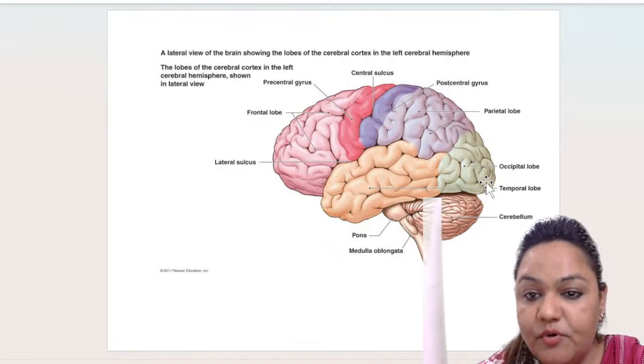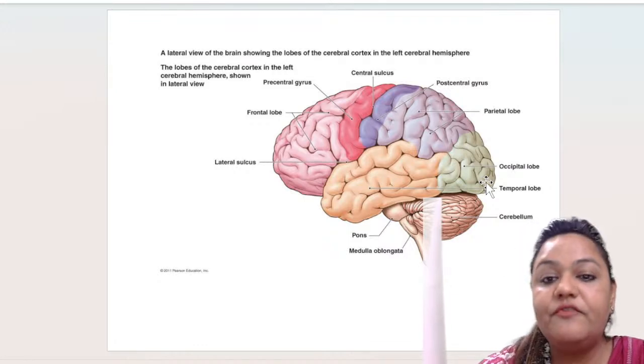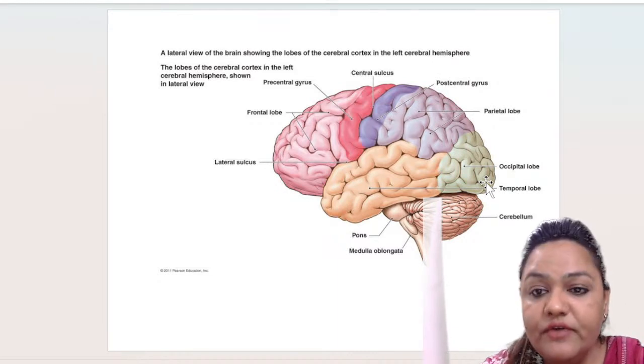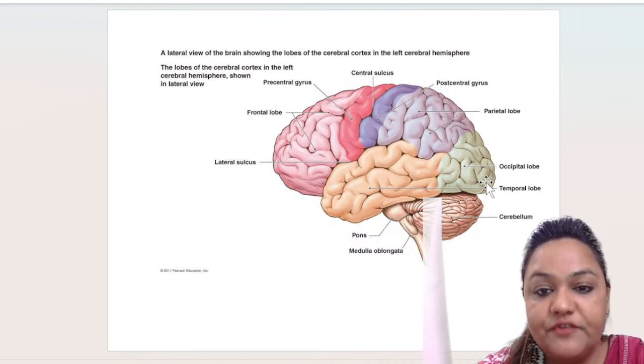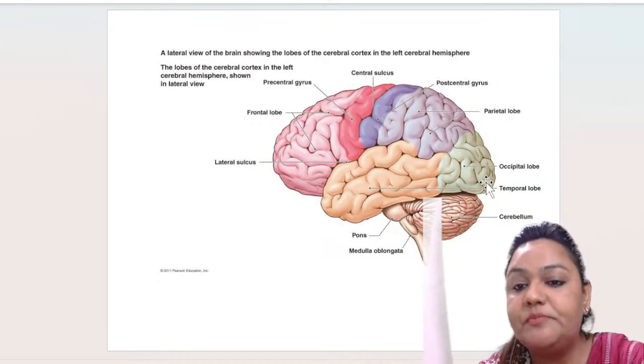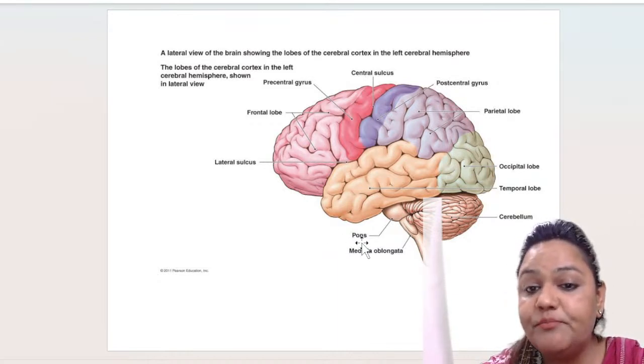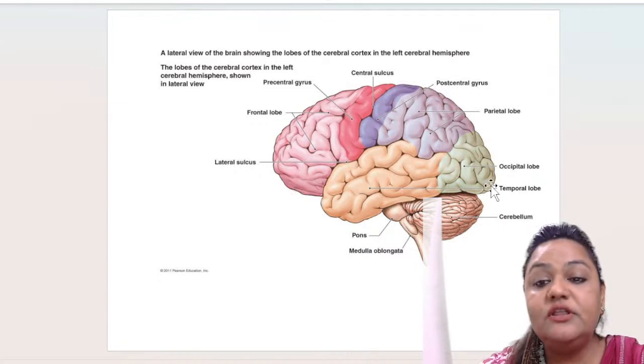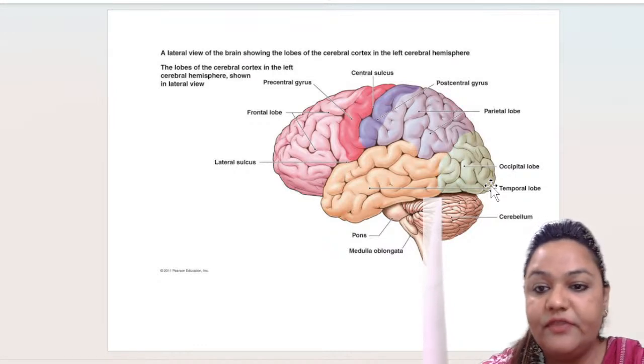So it has three poles: occipital pole, frontal pole, and temporal pole. Now the thing is, how will you identify which one is the frontal pole and which one is the occipital pole, because it is obvious the temporal pole is in between the frontal and occipital. So there is an identification point for both poles, the frontal and the occipital.